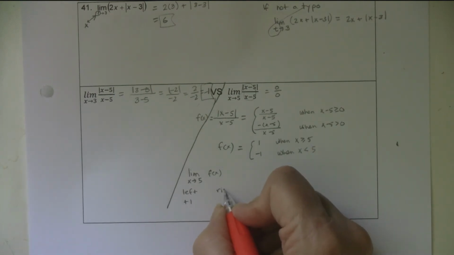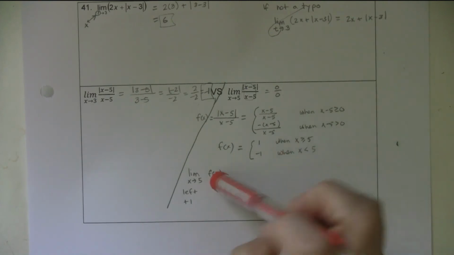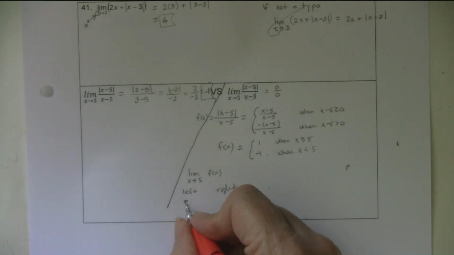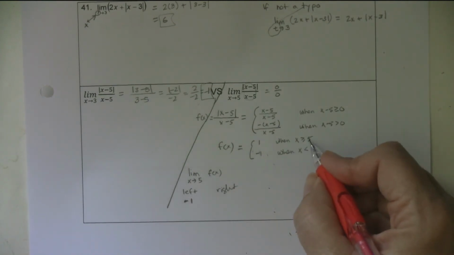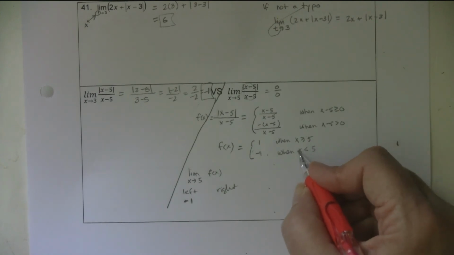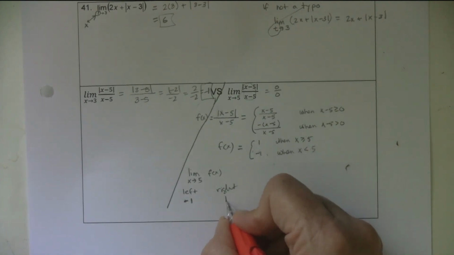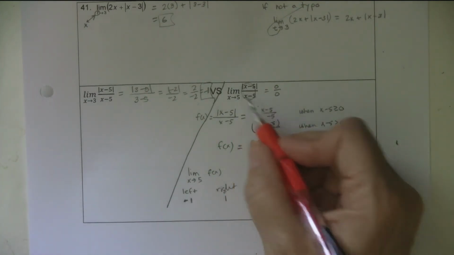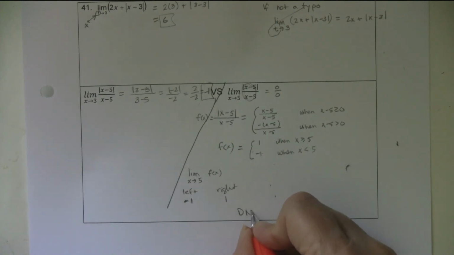And when you look at the right limit, oh no, I was right on that. Sorry. When it's not left or right up here, I have to be really, really careful. So these numbers are actually smaller, and this is 1. So they're not equal to one another. So the limit for this function right here does not exist.